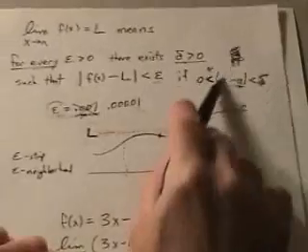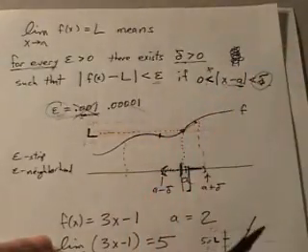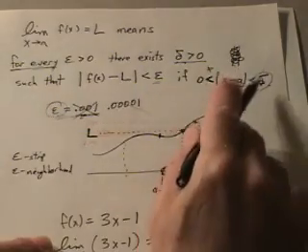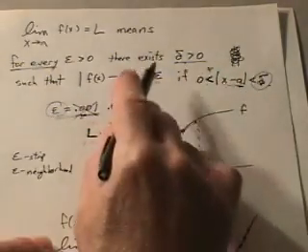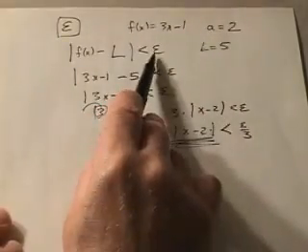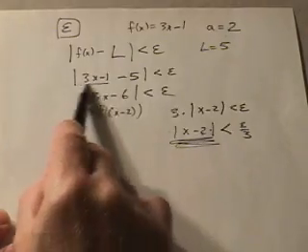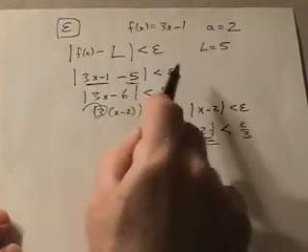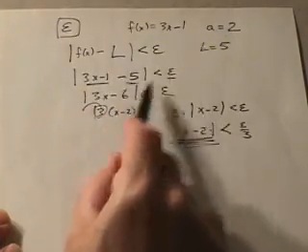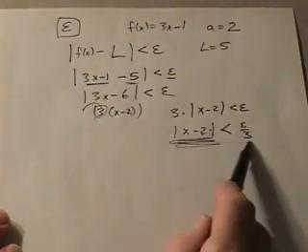So now, this is the distance from x to a, and I was looking for delta. My problem is to come up with a delta based on his epsilon, the boss's epsilon. So the boss has picked an epsilon, he hasn't told me what it is, and he wants me to get the distance from 3x minus 1 to 5 to be less than epsilon. I fiddle with that and I come up with, lo and behold, this.